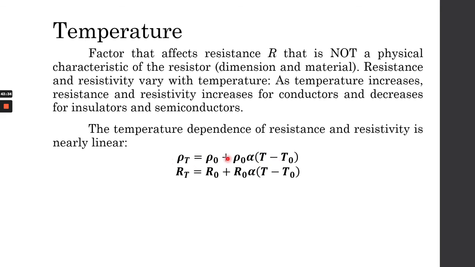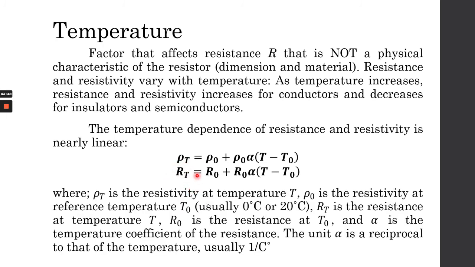This is the linear temperature equation that we can use to solve for rho at a certain temperature or resistance at a certain temperature, where rho sub t is the resistivity at temperature T, and rho sub 0 is the resistivity at a reference temperature T0.